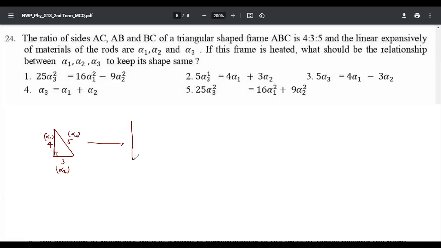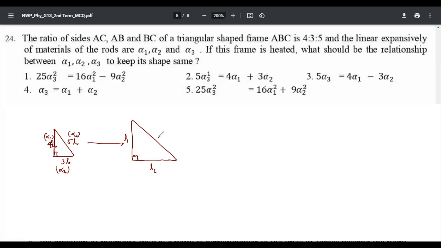Okay, then when you expand them, what's going to happen now? The new lengths are going to be there. So let's start with the lengths like this: 3L0, 5L0, 4L0. We'll take it that way. These are the lengths. Now the new lengths must also keep the shape intact. That means the ratio between the new lengths should be 4 is to 3 is to 5. This is L1, this is L2, this is L3.